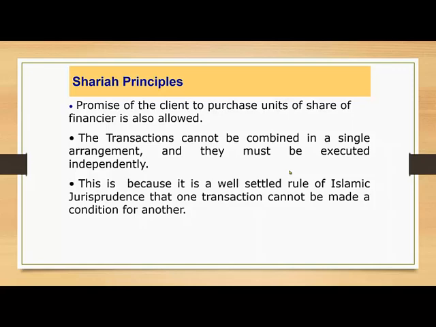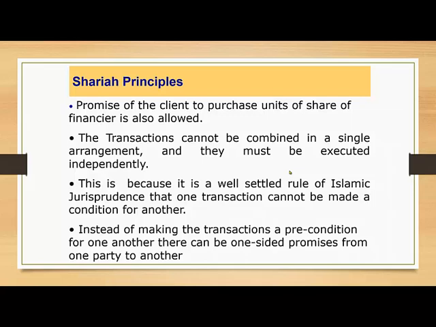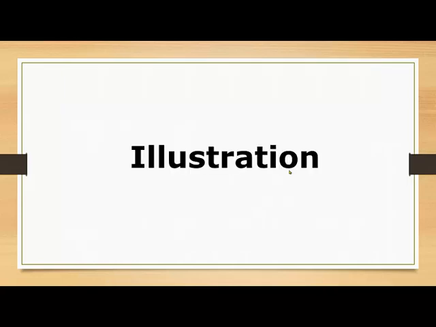This is because it is a well settled rule of Islamic jurisprudence that one transaction cannot be made a condition for another, like, if you do this, then I will do that. Instead of making one transaction a precondition for another, there can be one-sided promises from one party to another. Let's understand diminishing Musharakah with the help of one illustration.